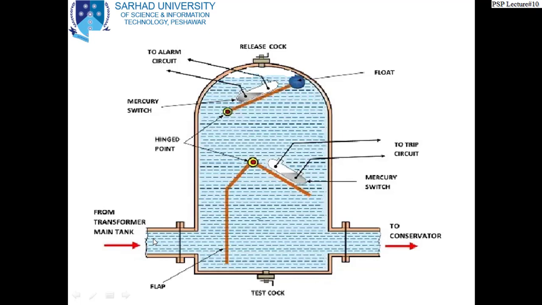you have seen the placement of this Buchholz relay in that particular arrangement. That is the pipe emanating from the tank to the conservator. So whenever we have an incipient fault, it produces gases, and that gas enters this relay.